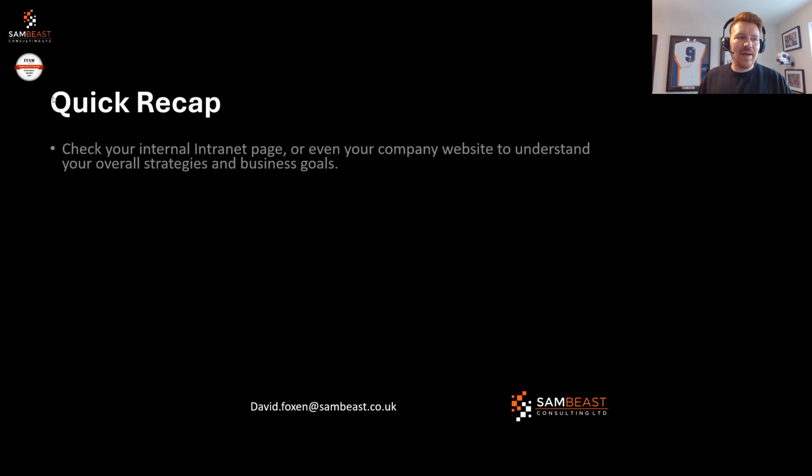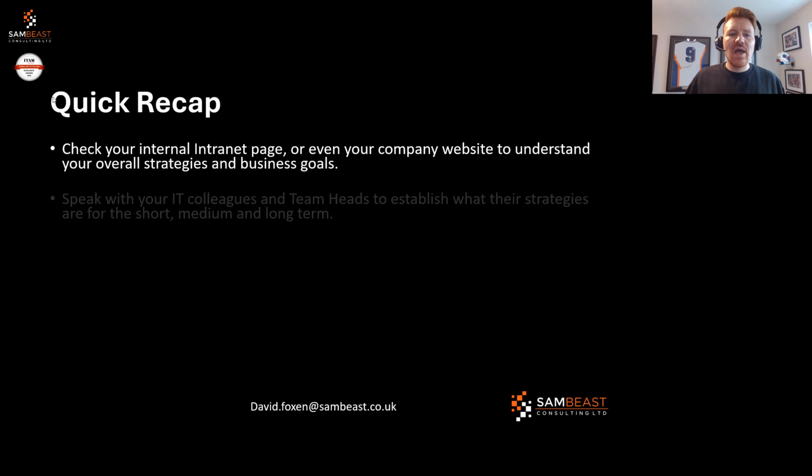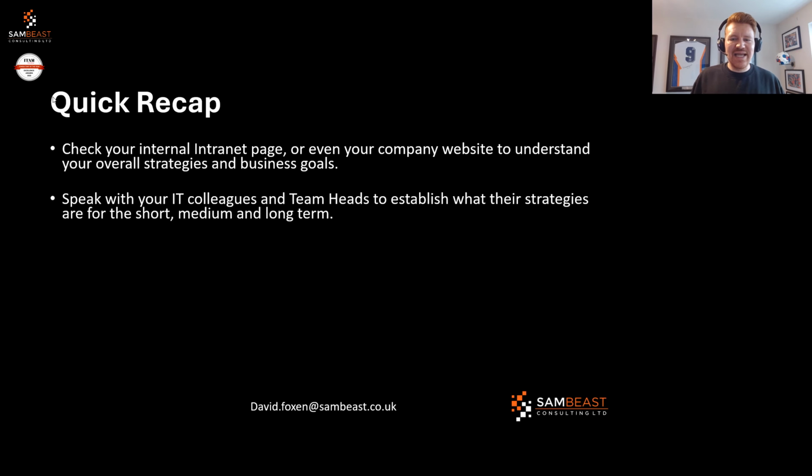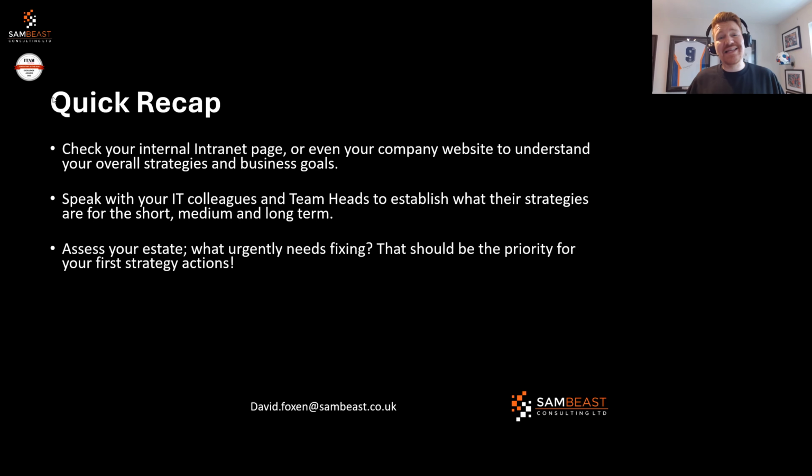So just a quick recap then on what we've been discussing so far. Check your internal intranet pages, company websites to understand your overall strategies and business goals. Speak with your IT colleagues, team heads to establish what their strategies are for the short, medium and long term so that you can adapt that into your HAM one, and also understand how you can help them achieve their objectives. Assess your estate, what urgently needs fixing.